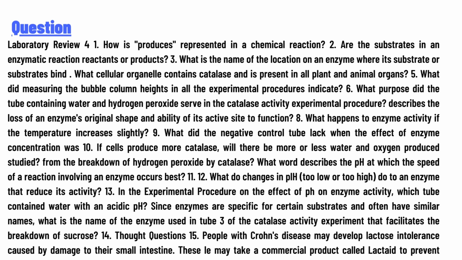What word describes the pH at which the speed of a reaction involving an enzyme occurs best? 12. What do changes in pH too low or too high do to an enzyme that reduce its activity? 13. In the experimental procedure on the effect of pH on enzyme activity, which tube contained water with an acidic pH?